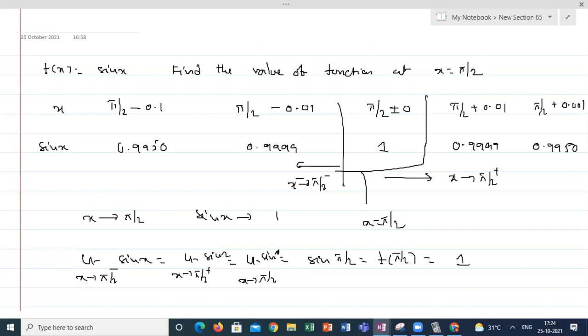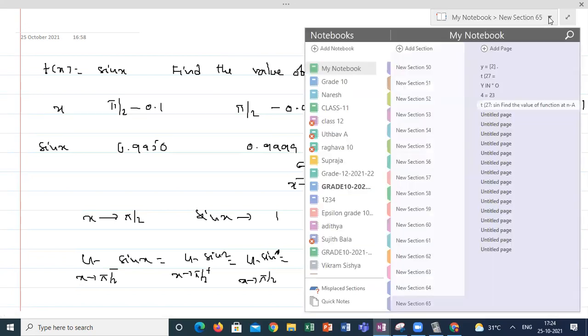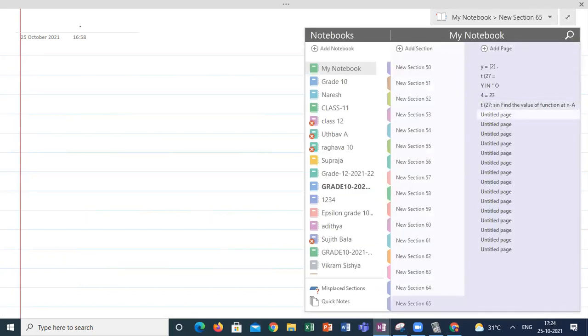I can give one more question. Can you try this question, students? Yes, sir. Find the value of the given piecewise function.